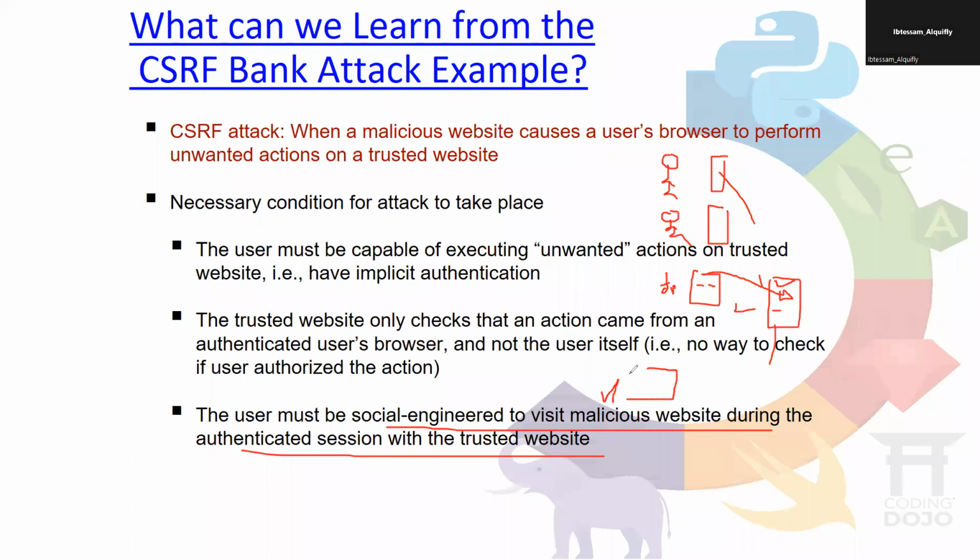Because this is the only time, when you visit this website, that it will run a frame or a picture, and when your browser renders this picture, it will generate a request to the original website. If you didn't visit the malicious website, or he didn't send you a link or a page to visit, this attack will not take place.